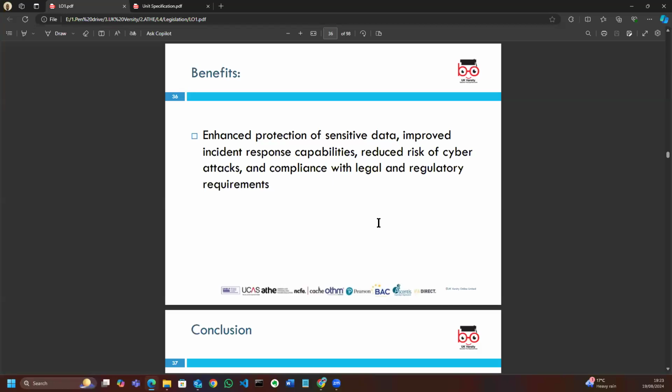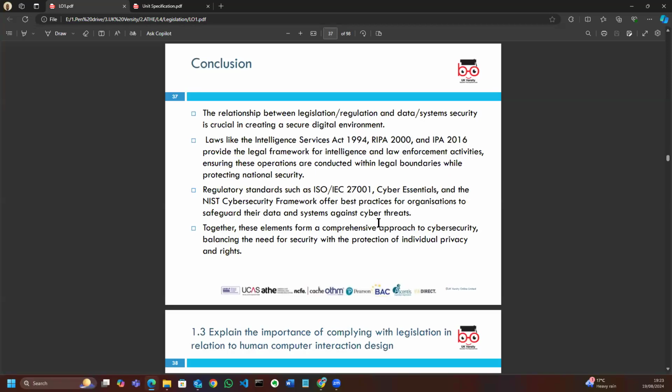The benefit of them is that we're going to have enhanced protection of sensitive data, improved incident response capabilities, reduced risk of cybersecurity attacks, and compliance with legal and regulatory requirements. So in conclusion to this learning outcome, the relationship between legislation, regulation, and data system security is crucial in creating a secure digital environment.